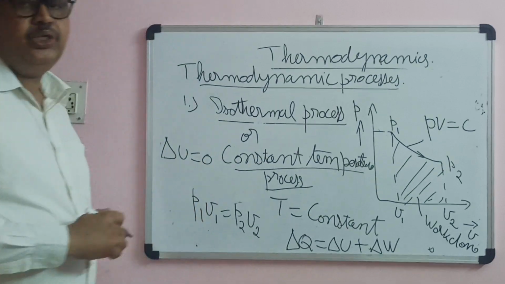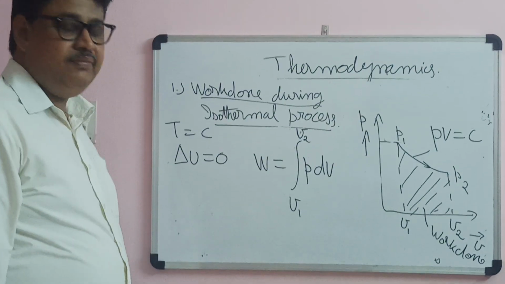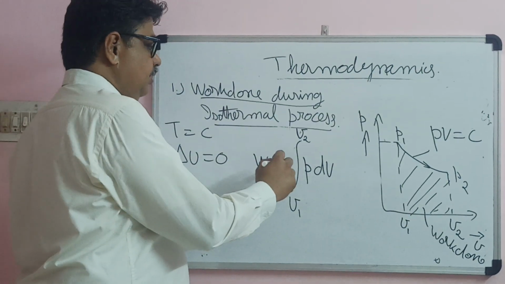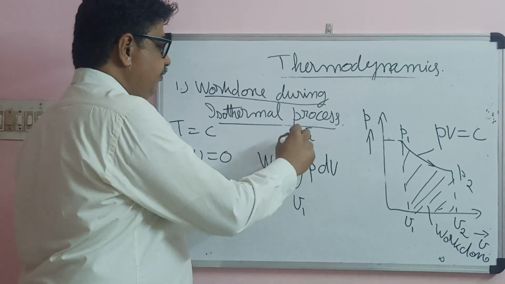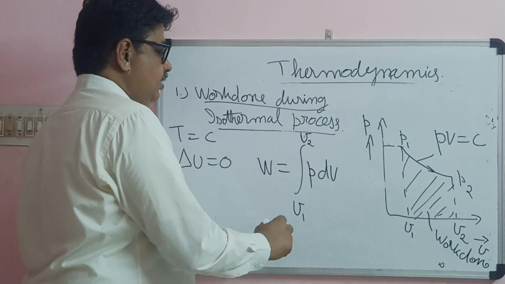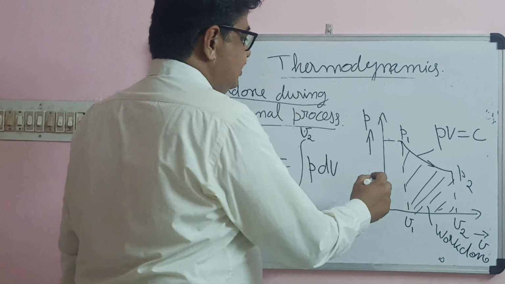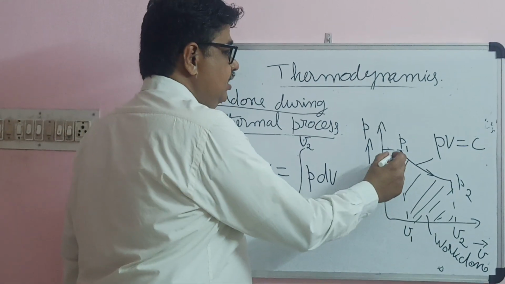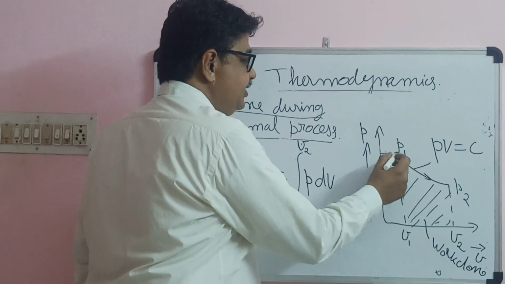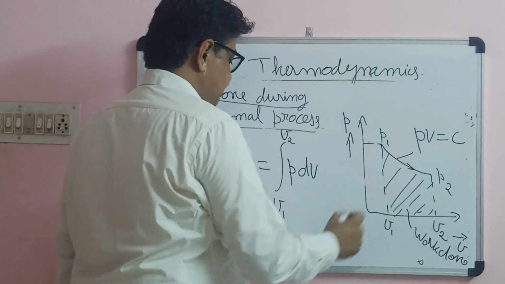Work done during isothermal process is given by W is equal to integral V1 to V2 P dV. The gas expands from state 1 to state 2, pressure decreases, volume increases.